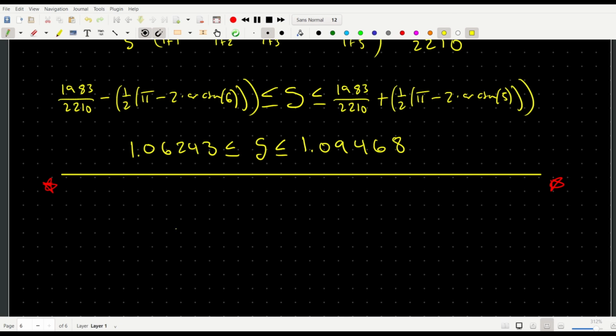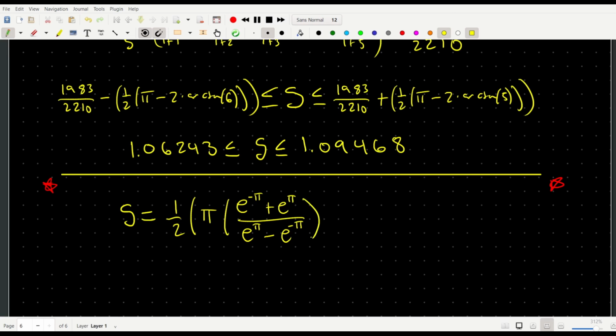And sure enough, this series is going to converge exactly to the value 1/2 pi times e to the negative pi plus e to the pi over e to the pi minus e to the negative pi, minus 1.